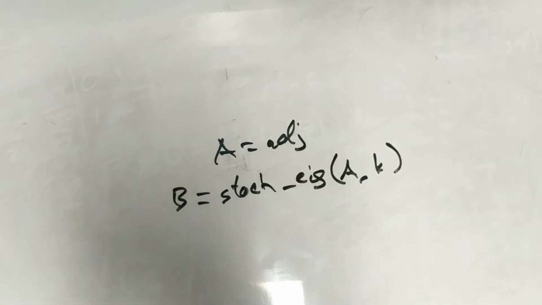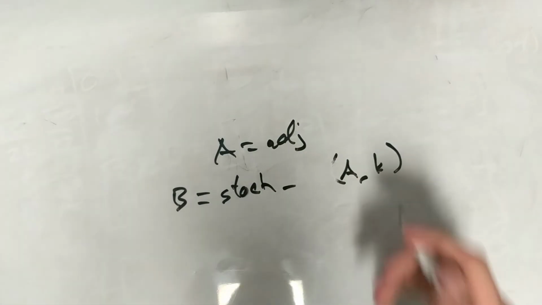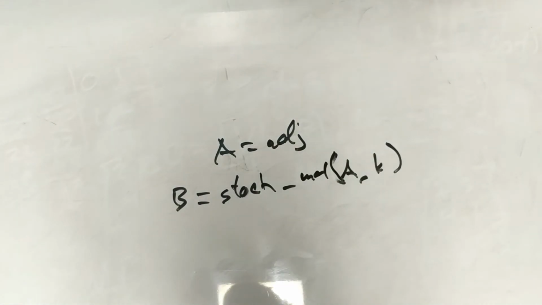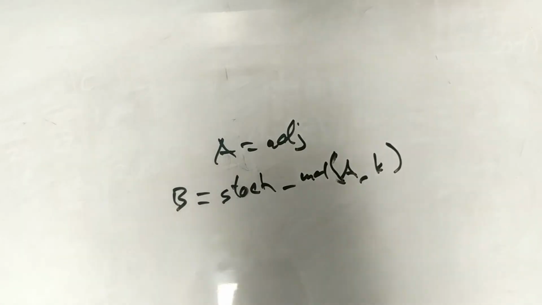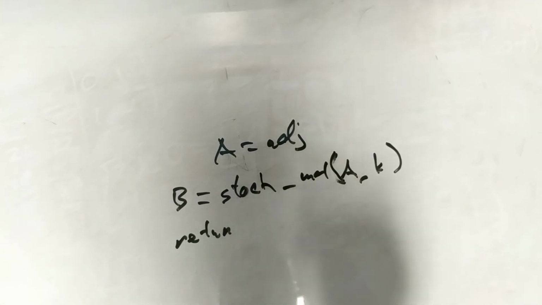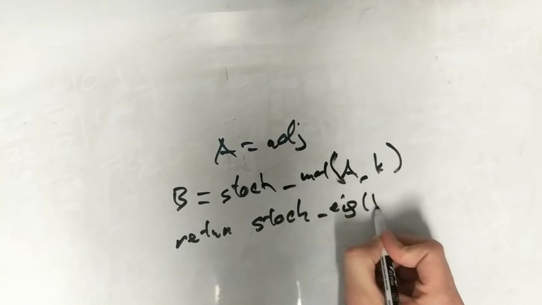I'll call that B or something. Or sorry, my bad. We want to create the stoich matrix. I totally bluffed on that pronunciation. But then what we want to return is what we get from doing the stoich eigen with that matrix.